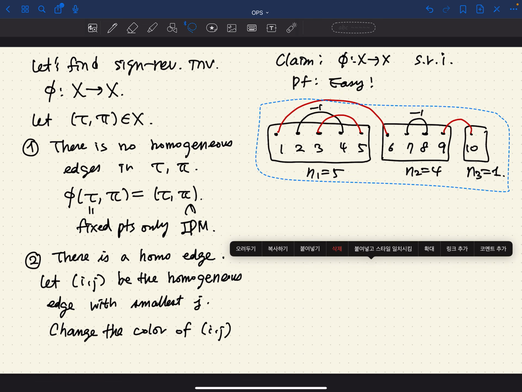And after collecting all the minuses, now we have this summation over tau1 through tau k in the set pi n1 through pi nk, and the product for i from 1 to k of minus x to the number of decorated cycles in pi tau i.